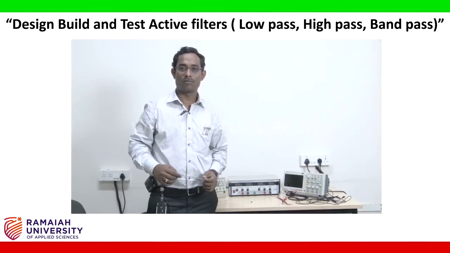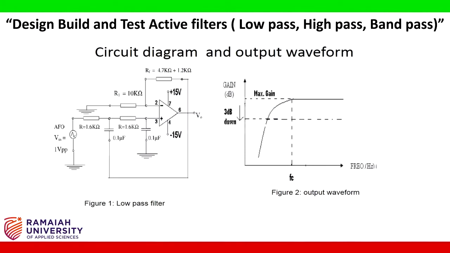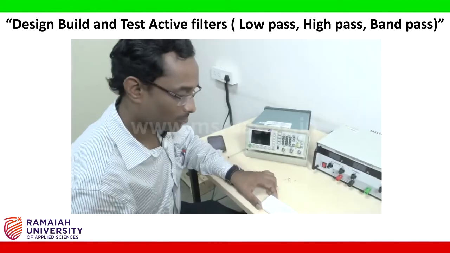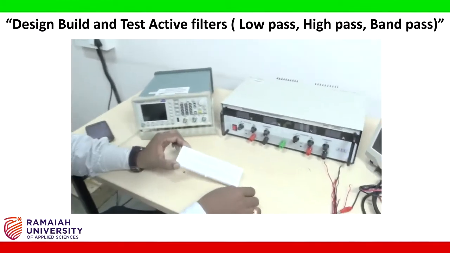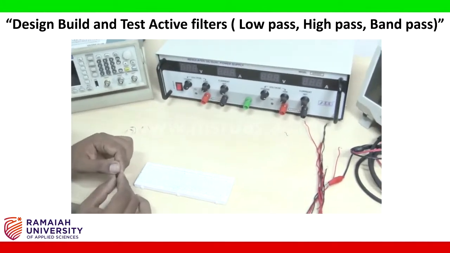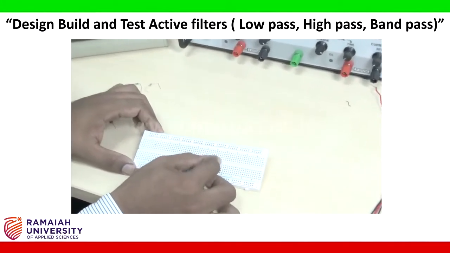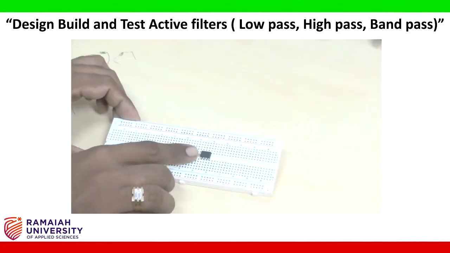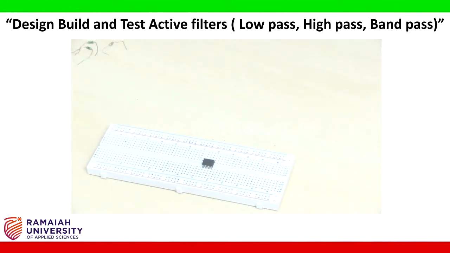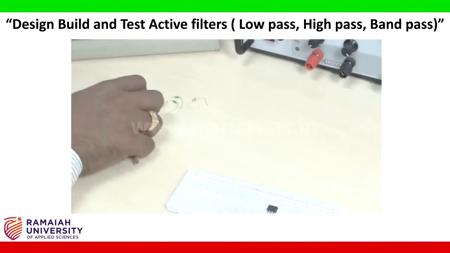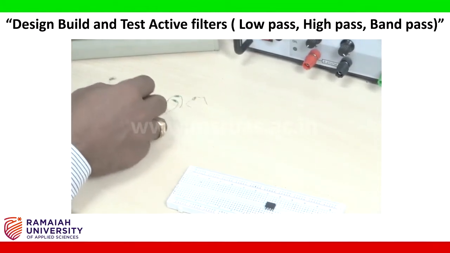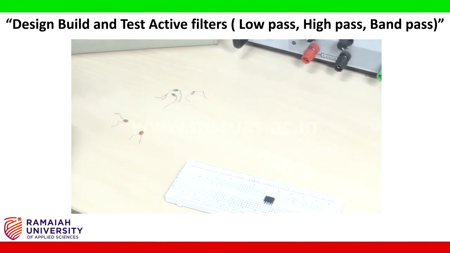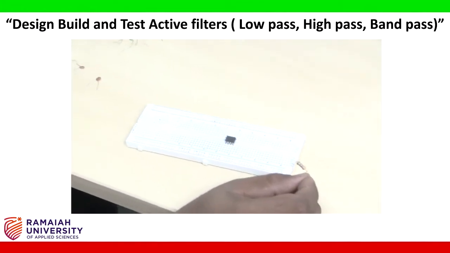Now I am going to connect the circuit of the active low pass filter design based upon the circuit diagram. I am taking the circuit board and placing the IC on the circuit board. Now I am going to connect pin number 2 using a 5.6 kilo ohm resistor.